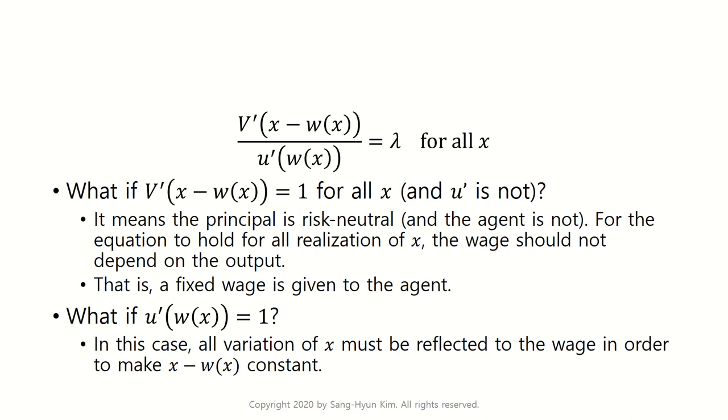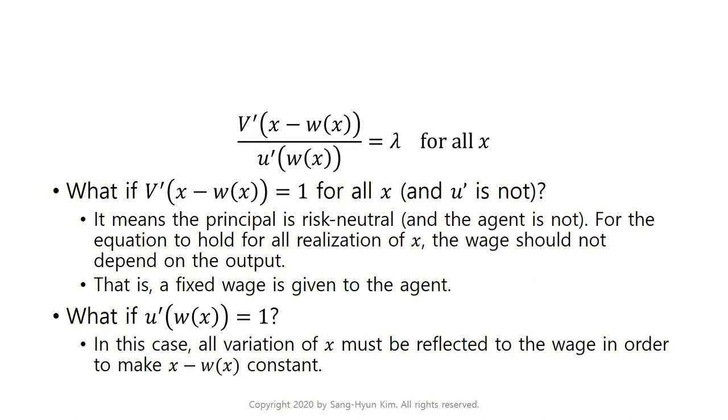And on the right hand side, we have lambda, which is not a function of x. At the denominator we have u prime, which may be a function of x, but then this equation cannot hold for all x's.